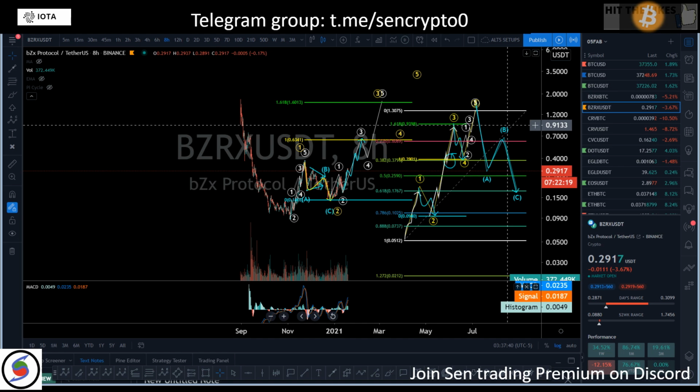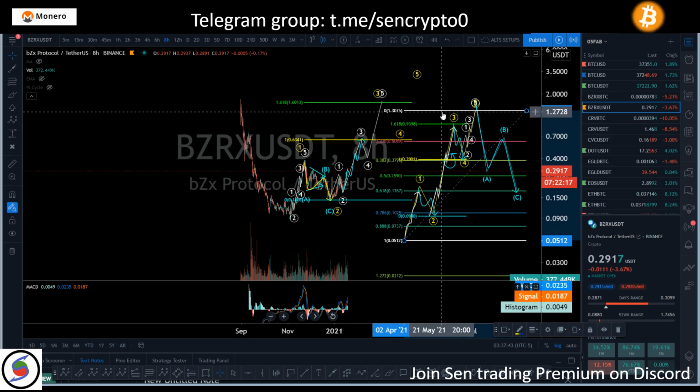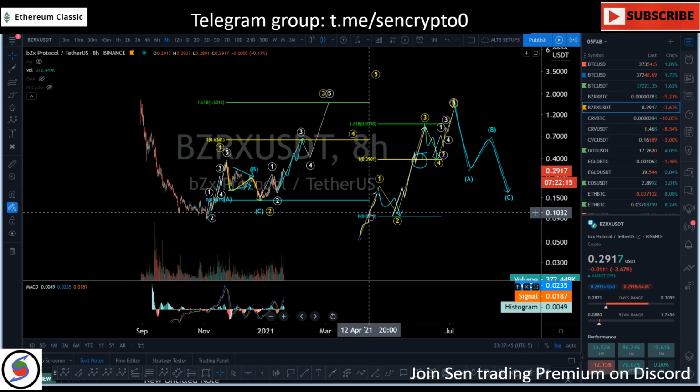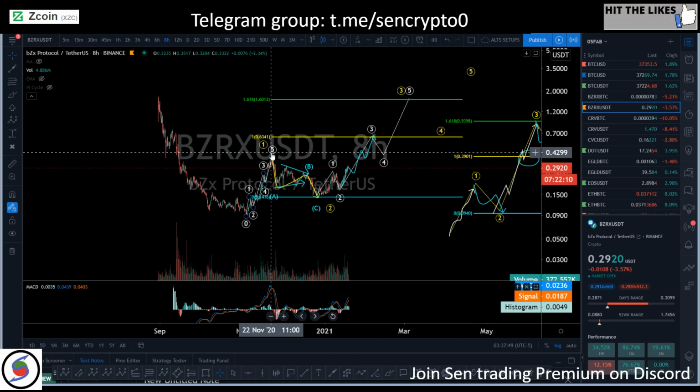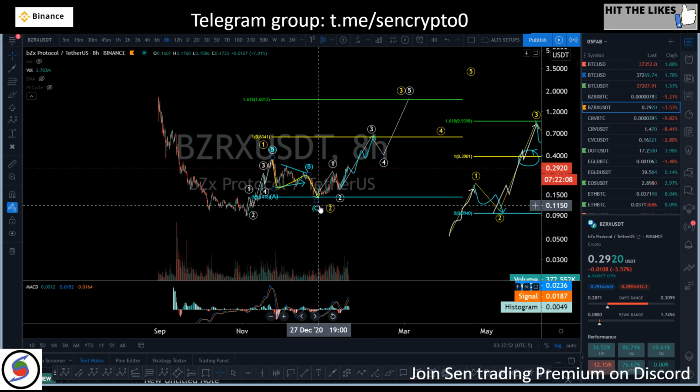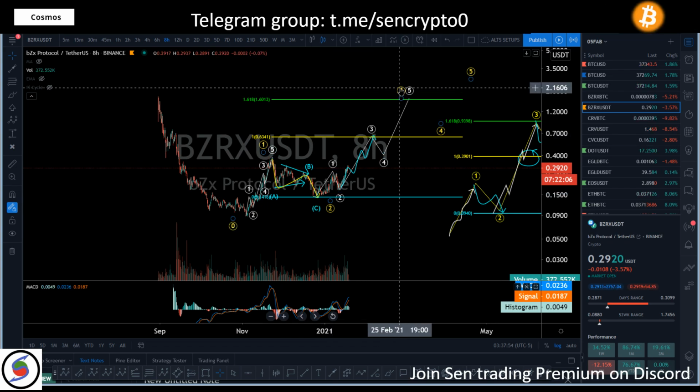Now let's go ahead and take a look at BZRX, which is a beautiful setup. It has a beautiful impulsive wave to the upside, a beautiful correction, and we're going to be looking for wave number 3 to the upside.